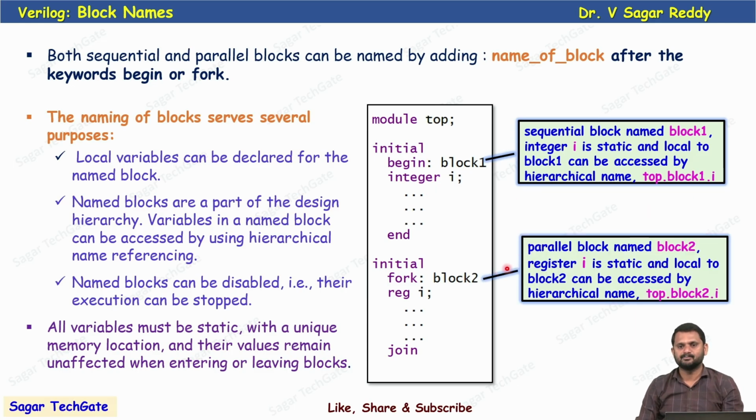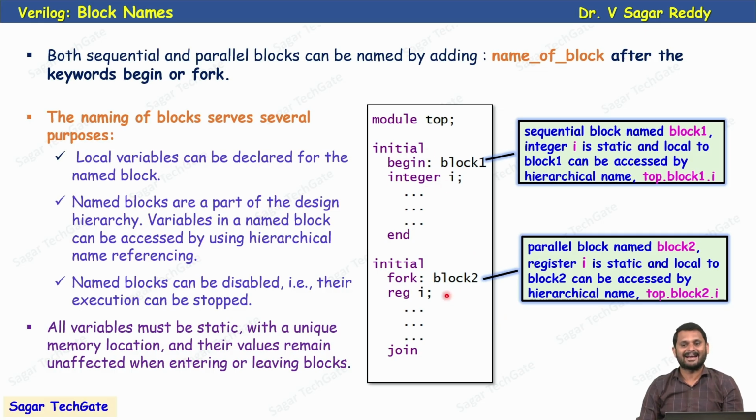Same way here block 2. It is a parallel block named block 2. The register I is a static variable, local to block 2 only, and it can be accessed using the hierarchical name top dot block 2 dot I. So now these are two different variables. This I is static to this block, and that I is static to the other block. We use separate memory locations to store each I. Don't think that both are the same.